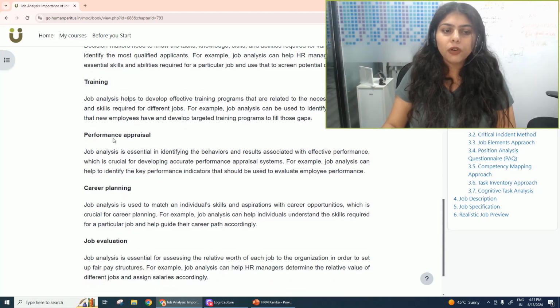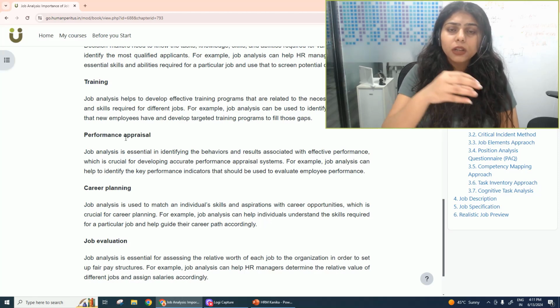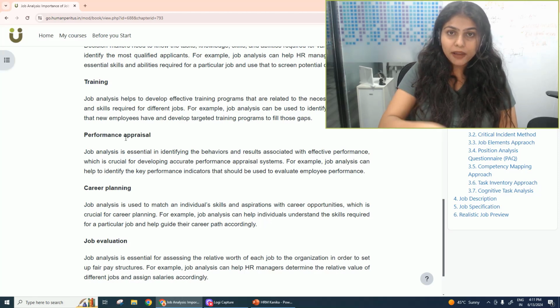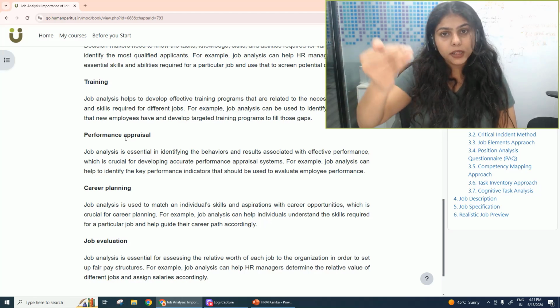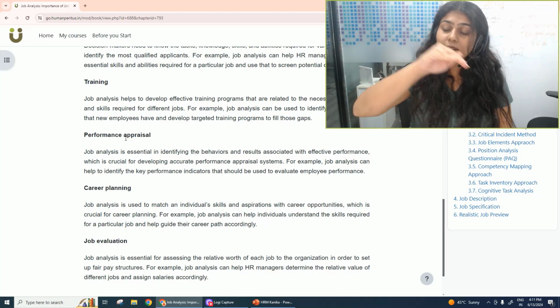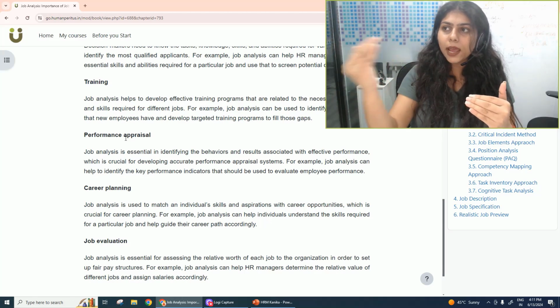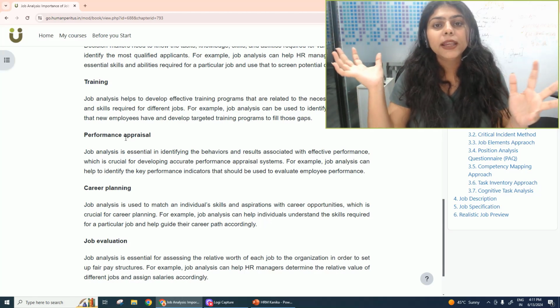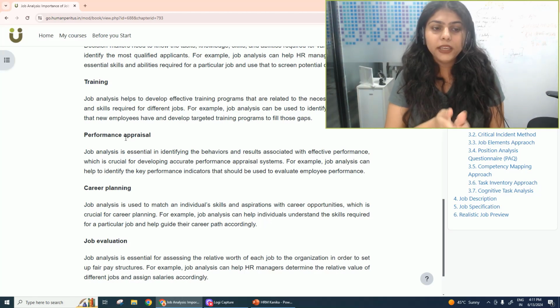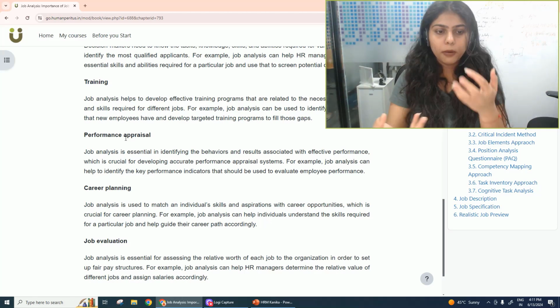Performance appraisal. Of course, you set standards when you're doing the job description. You have your duties and your roles and responsibilities laid out, so you can directly match them. Okay, these are the responsibilities, are these happening? So performance appraisal gets very easy when you take help from job analysis.